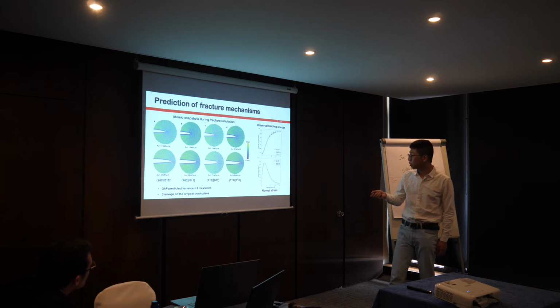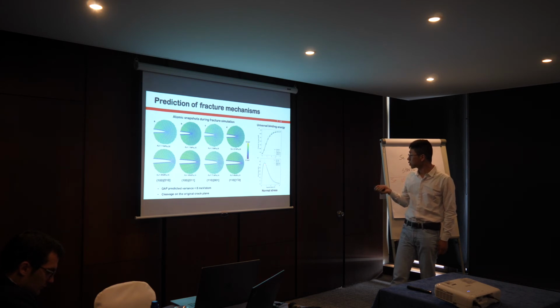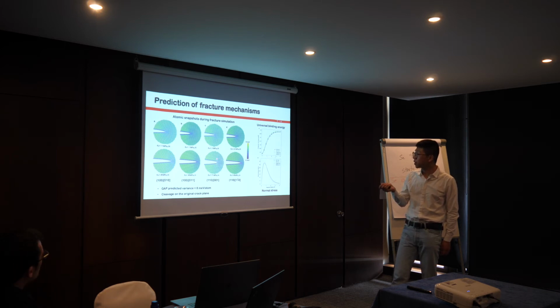We found that the stress required to open these two planes are close to each other, so we don't observe any crack deviation actually. But in experiment, on this crack plane, the crack deviates to the 100 plane. We conclude that this is due to the background dislocation plasticity.